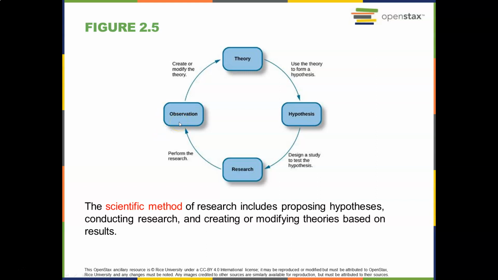And then after that, as the researcher has gathered the data and everything, then he or she may come up with a theory. So this is kind of a circular type process, but it's also a very simplified process. But I just wanted you to use this to kind of introduce you to this process.